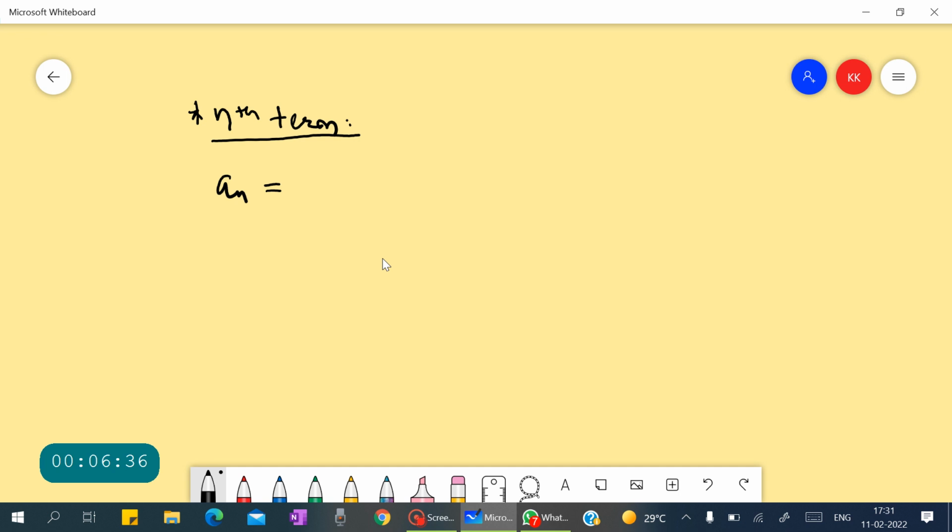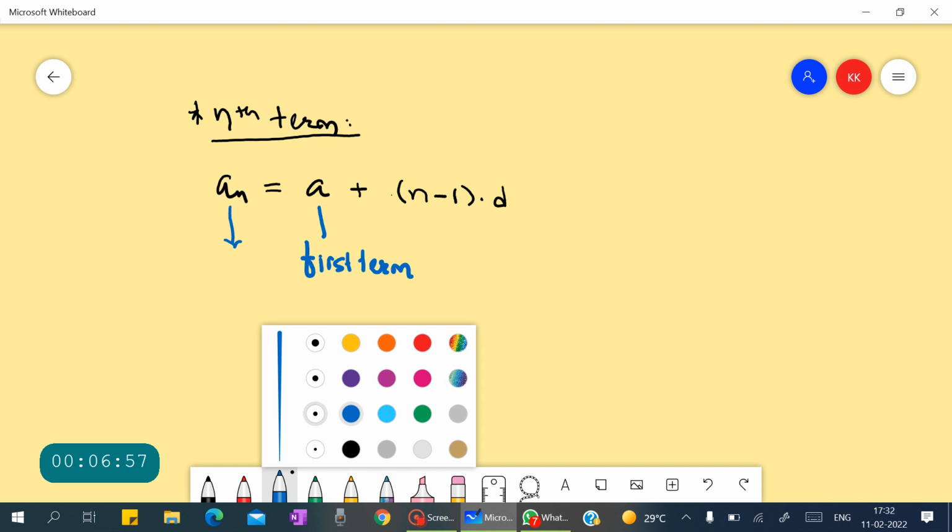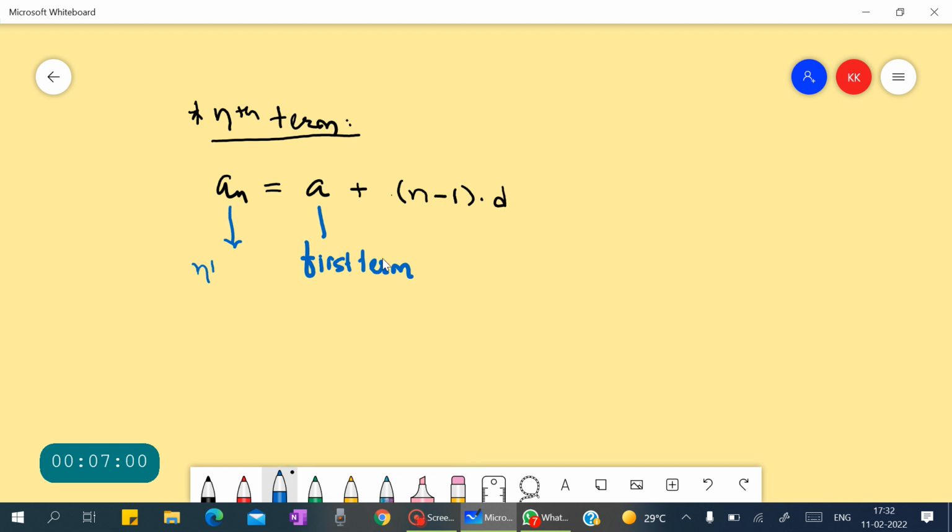An equals a plus (n minus 1) into d, where a is the first term, An is the value of the nth term, n is the given term number, and d is the common difference.